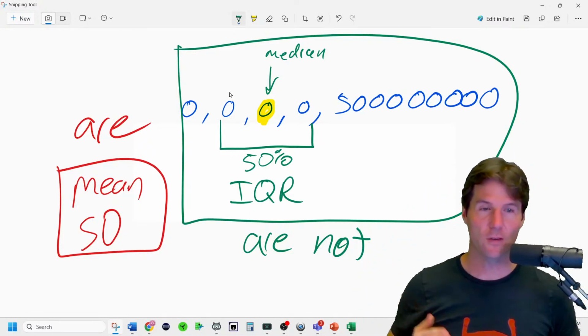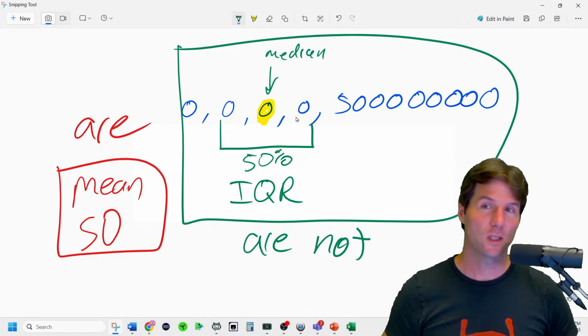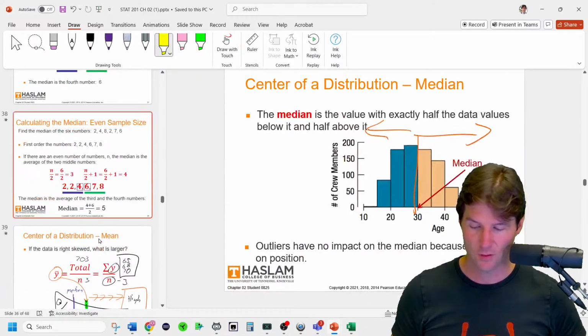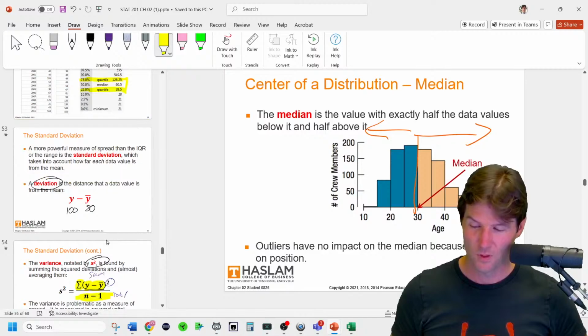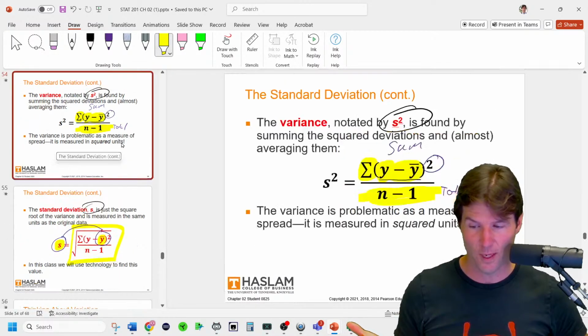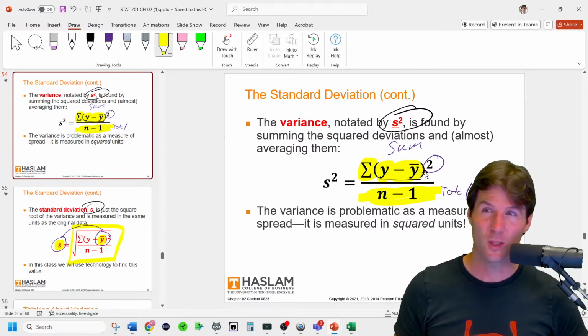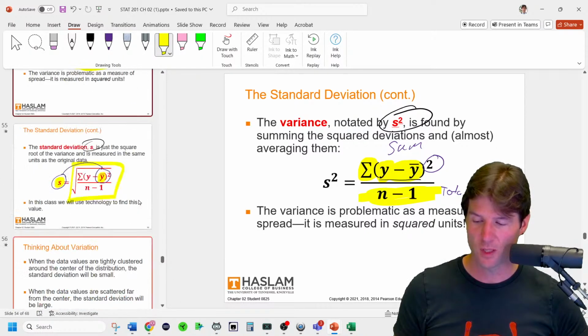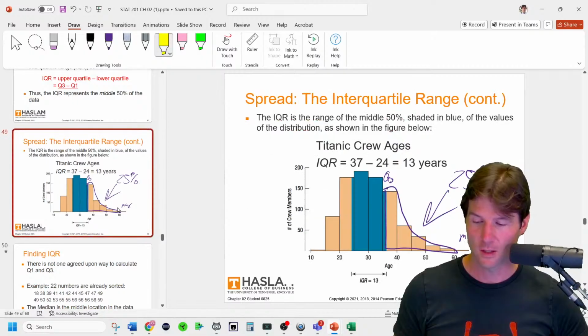Both of those are impacted by outliers because the standard deviation is calculated from the mean. So when you calculate a typical distance from the mean, if things are far away, because the standard deviation is how things are typically spread from the mean, outliers create a much bigger spread. But when you do the IQR, it's just the middle 50% of the data, and it doesn't include outliers.